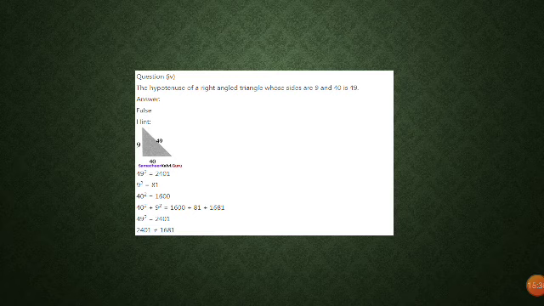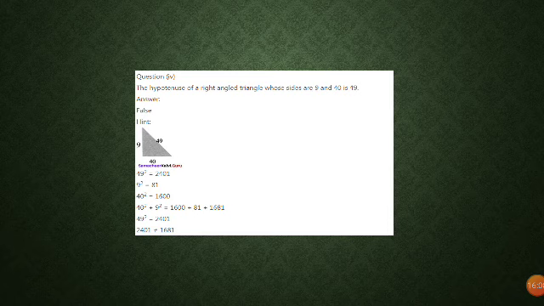So 49 square equal to 40 square plus 9 square. 49 square, 49 into 49, is 2401. 9 square, 9 into 9, is 81. 40 square is 1600. So 40 square plus 9 square, 1600 plus 81, equal to 1681. 49 square equal to 2401.